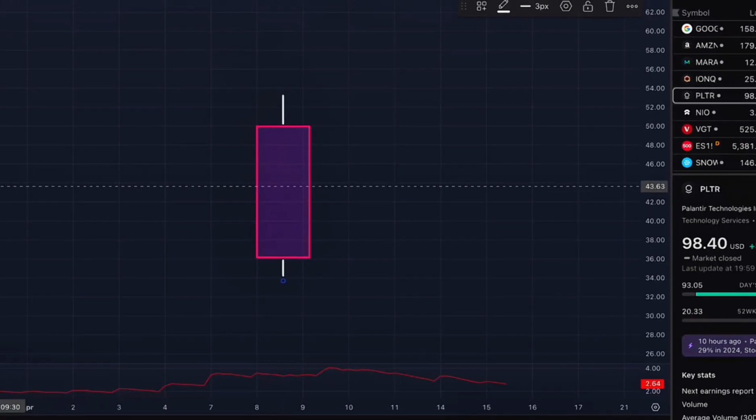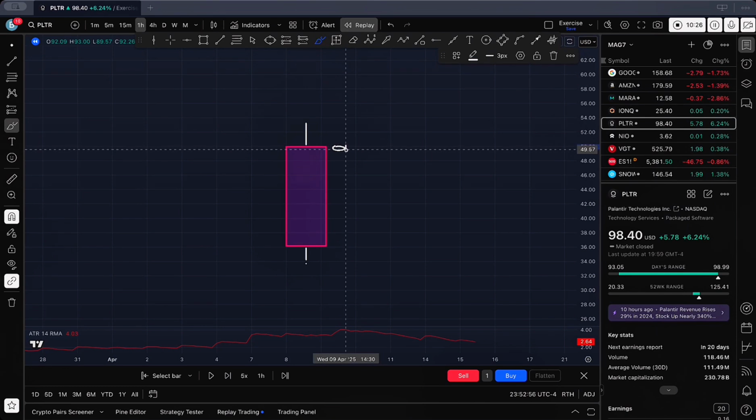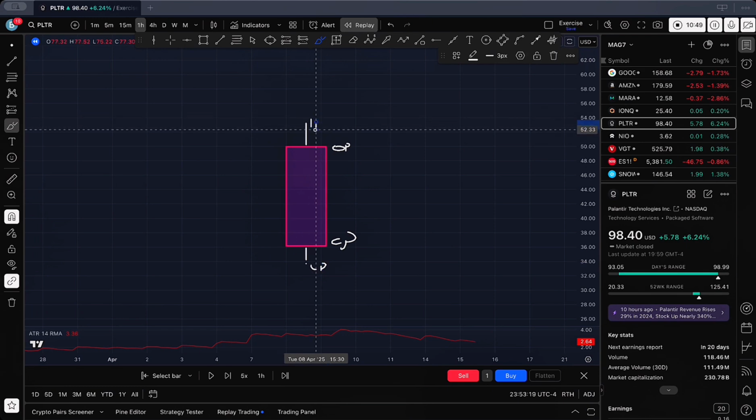This is the opening price, and this candle opened its price here and closed the price here. Here we have the lowest price, and this is the highest price, the highest point the price traveled to.